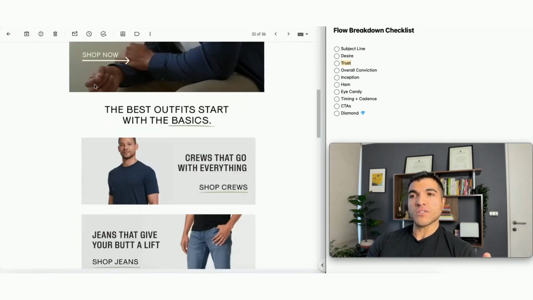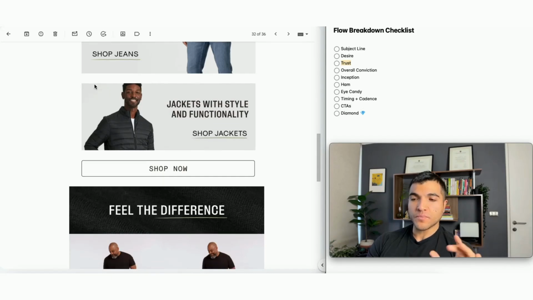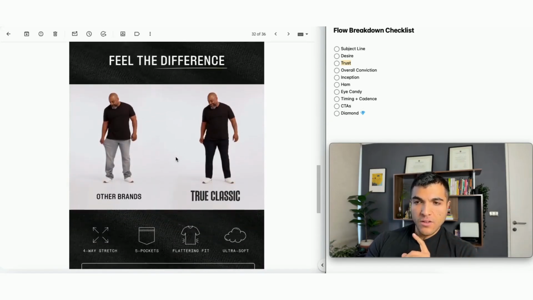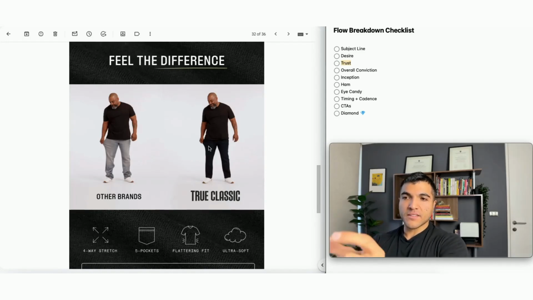The other side of the equation is that they have to trust that our products do what we say they do, right? One way of doing that is through demonstrations like this. These help. Again, they could have done the same with a T, or this could even be a GIF, like a short video, demonstrating, say, a stretchy fabric.